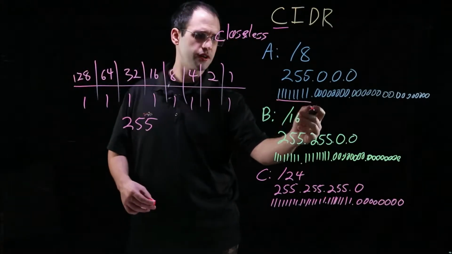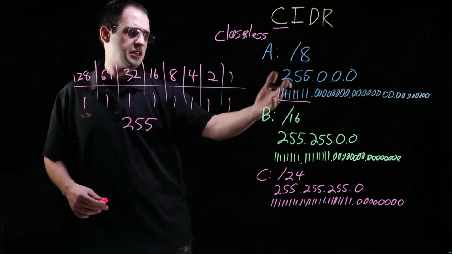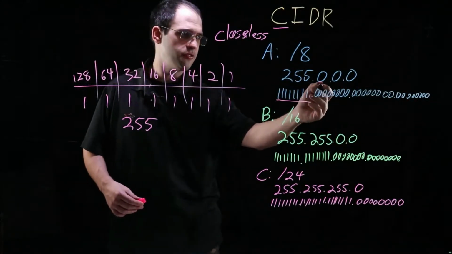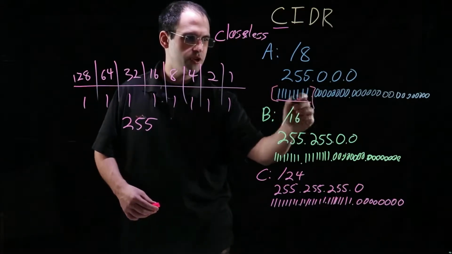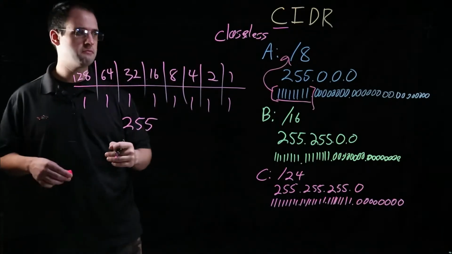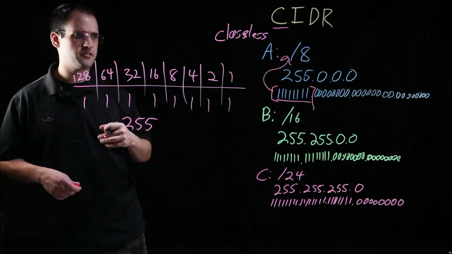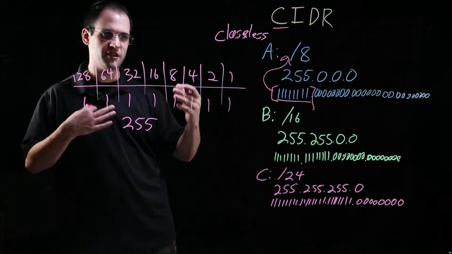So just one octet with all ones and the rest all zeros gives us this class A, or 255.0.0.0. We could also denote it as /8. This is the slash notation that sometimes people call prefix notation, CIDR.